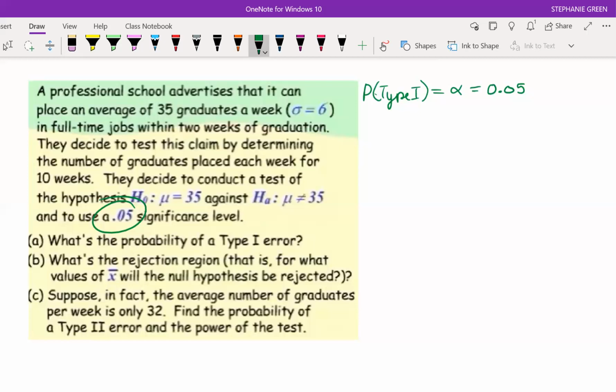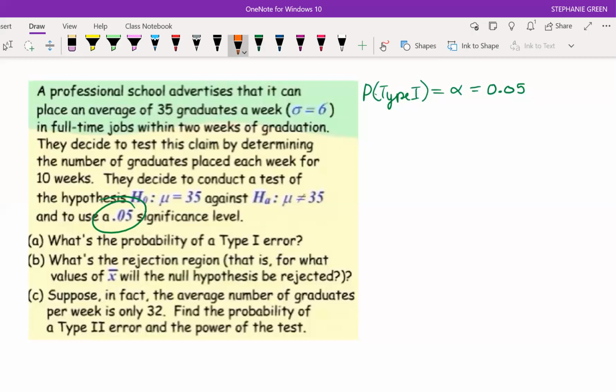Okay? Moving on, part B, what is the rejection region? That is, for what values of X bar will the null hypothesis be rejected?